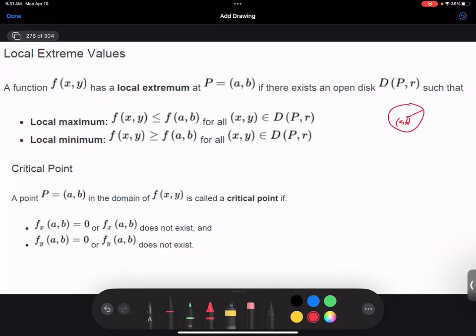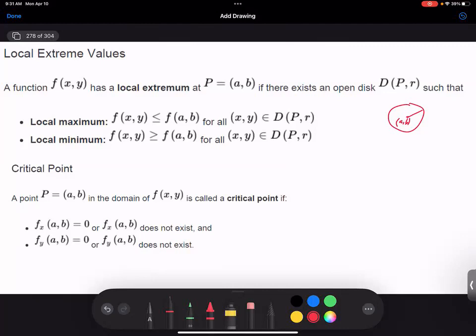If it's 1 plus 2x, what's the simplest function you can think of? f(x, y) equals... Everybody's got to be speaking now. Easiest function to analyze. f(x, y) equals... x? There's something even simpler than x.